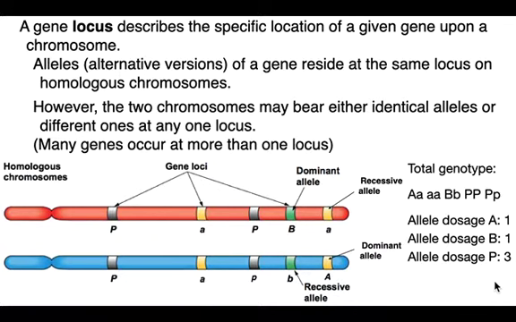This happens with things like height and eye color and skin tone and hair waviness. So there's lots of these traits where you see a wide variation between people, and that can be partially explained, at least some part of the explanation for that is that you have these allele dosages dependent upon multiple different loci.